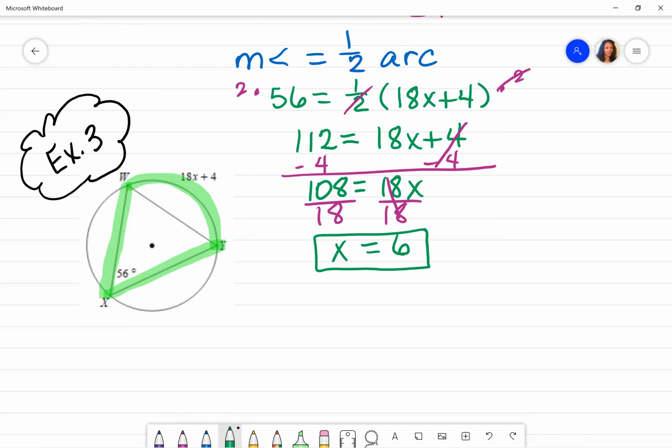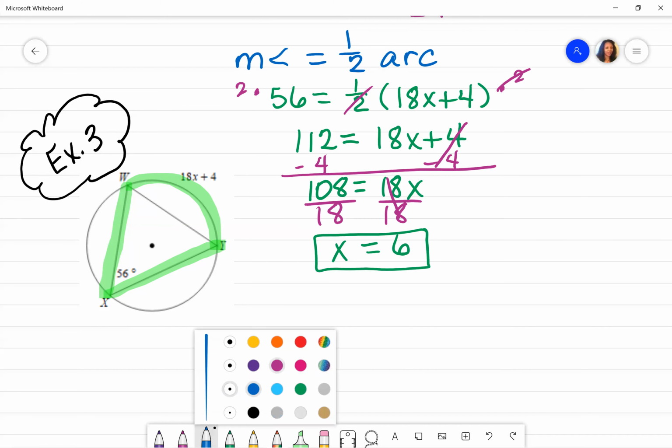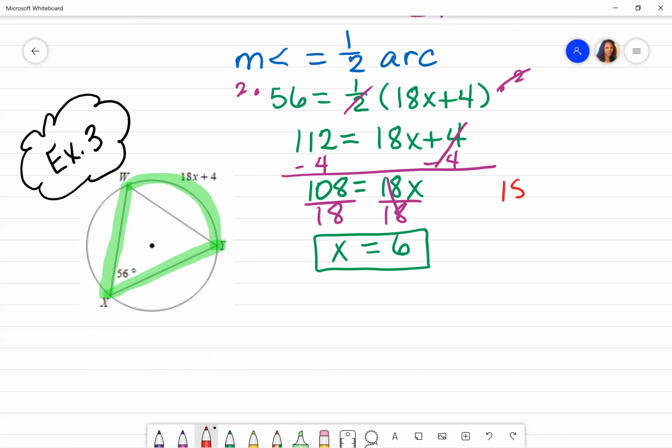So if I wanted to check my answer to make sure, well, is this right? What I could do is use what I know. I could take that 18, replace the x with the 6 that I just came up with, plus 4. And now that will result in 112 because 18 times 6 is 108, and 108 plus 4 is 112.